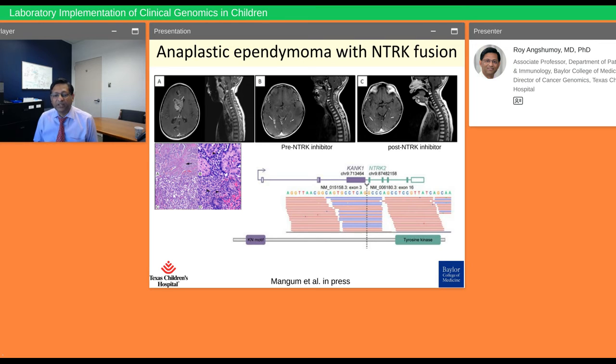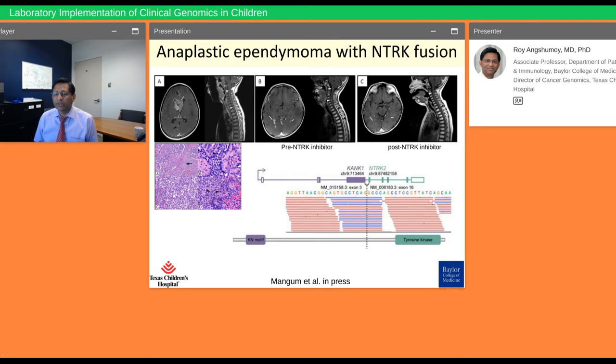You can see at the bottom this pathology image showing the tumor, and to the right of this, the NGS or next generation RNA sequencing reads that show a fusion between a gene called CANK1 to NTRK2. And so this is a relatively unusual finding.